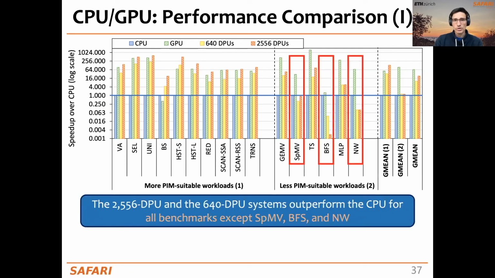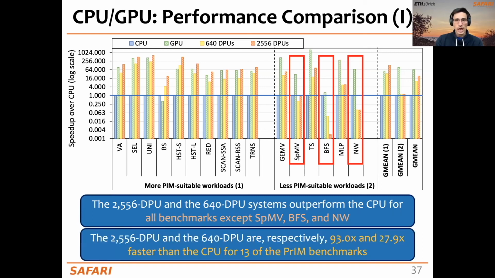One first observation is that both PIM systems outperform the CPU for all benchmarks except SpMV, BFS, and NW. Both UPMEM-based PIM systems are respectively 93 times and 27.9 times faster than the CPU for 13 of the PrIM benchmarks, so all PrIM benchmarks except SpMV, BFS, and NW.